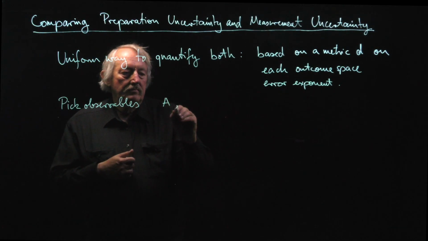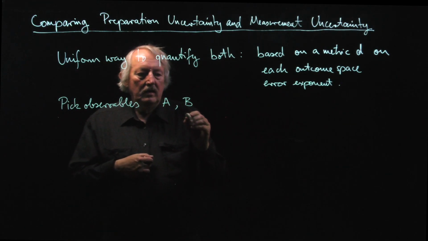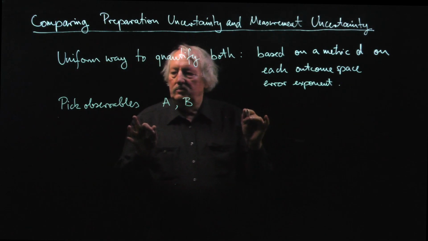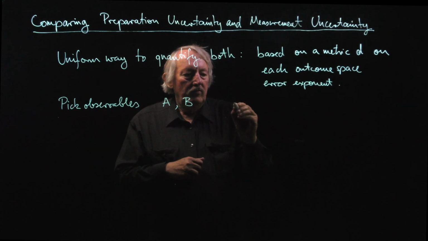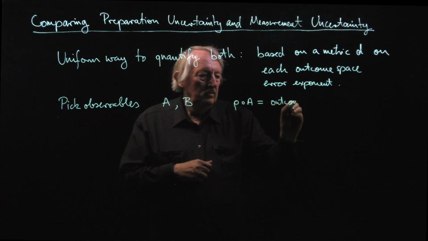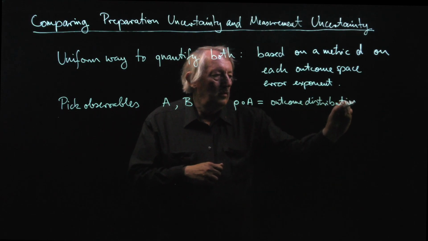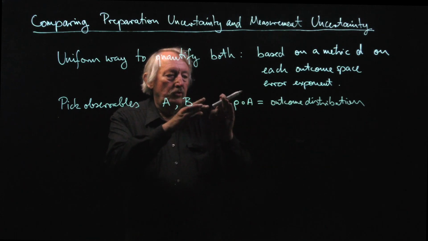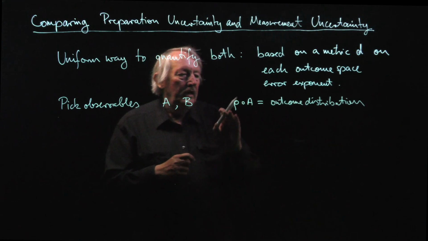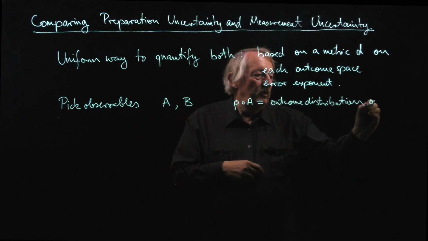A, B, right? And then let's have a notation for that, right? Say rho circle A would be the outcome distribution that I get when I prepare systems according to rho and measure according to A. So that gives us some outcome distribution on some space X, right?